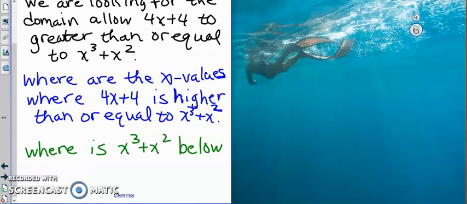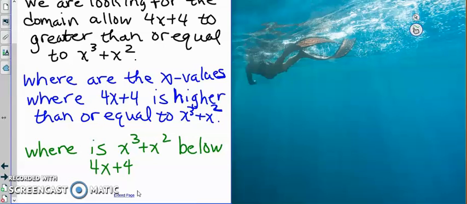Right, so that's what we're looking for. So when we look at our graph here, we're going to again do a Desmos here. We're going to find those intervals where the x cubed plus x squared is below 4x plus 4. Or you can put it backwards and say, okay, where is 4x plus 4 above x cubed plus x squared? Either way.